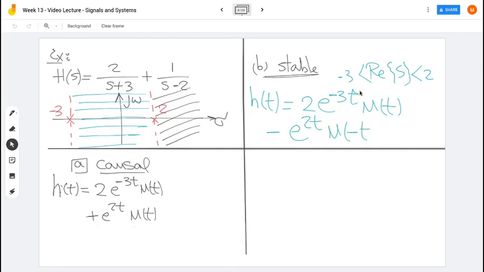So it's a left-sided signal, which means the system here will not be causal because h of t has a left-sided component. So here the system is not causal, and when the system was known to be causal, it will not be stable.